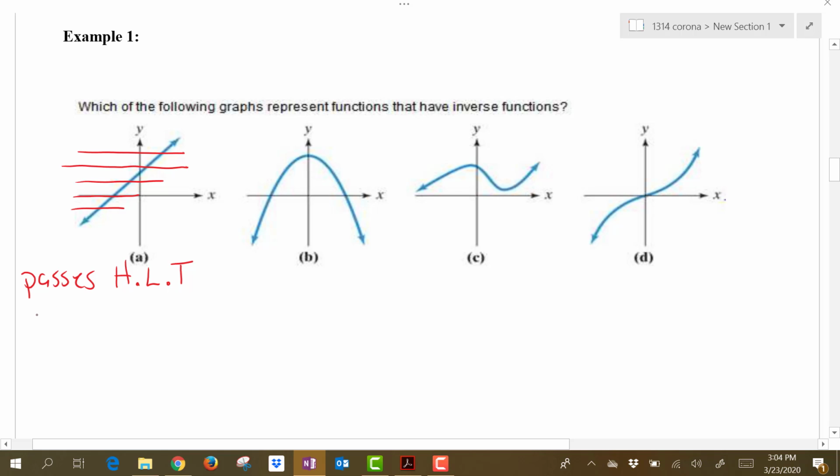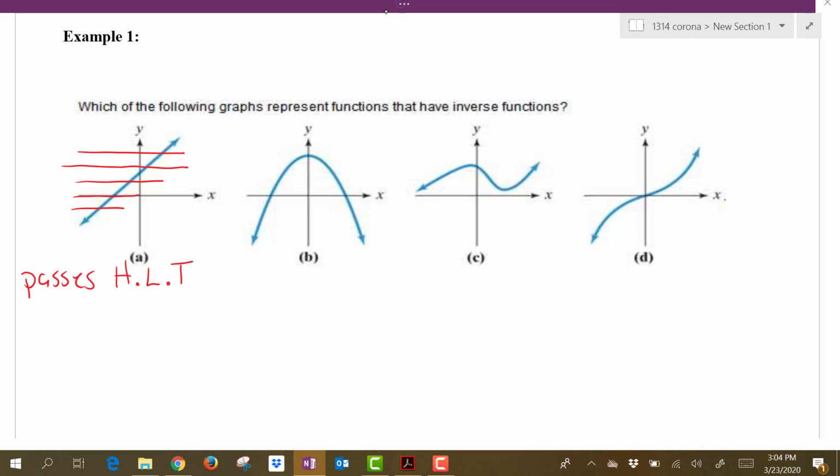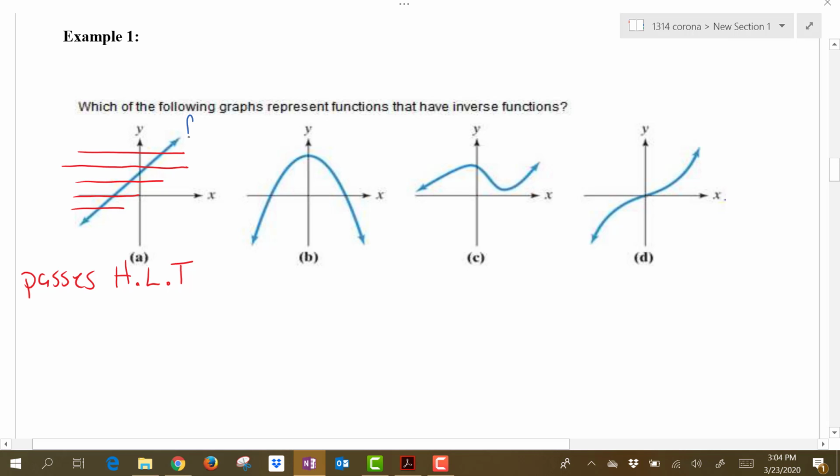If it passes the horizontal line test, that means that the function we see, f, is a one-to-one function. What also does that imply?